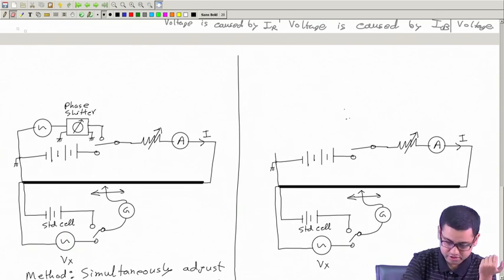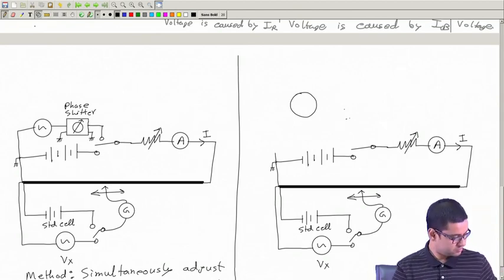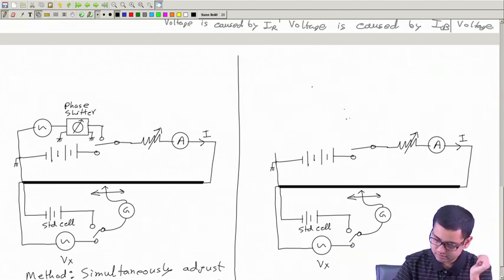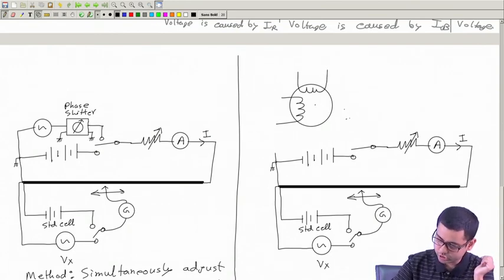Let me first draw the phase shifter, which has two coils. These two are to be supplied with two 90-degree out of phase currents.